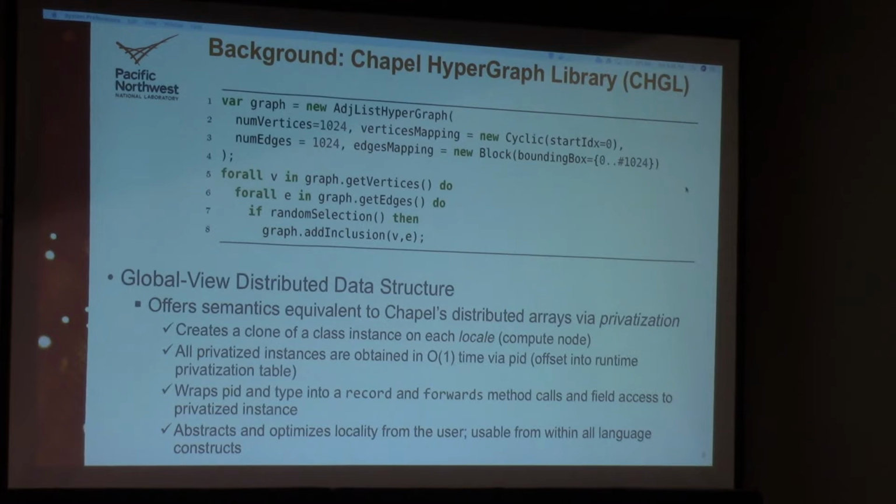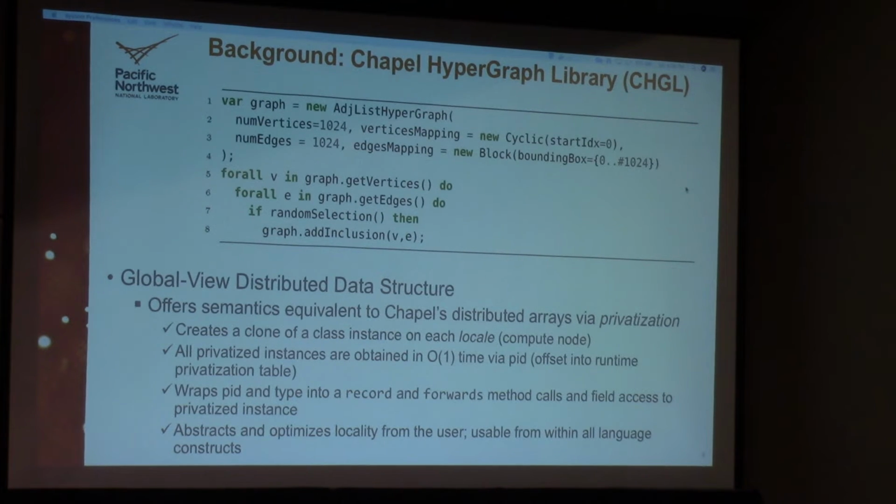In this example, we have a simple irregular algorithm where we iterate over a set of vertices and a set of edges, and we flip a coin to determine whether or not we add an inclusion to it. And one thing to really note here is the fact that this hypergraph is distributed. It's cyclic.